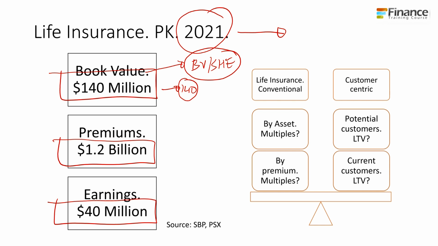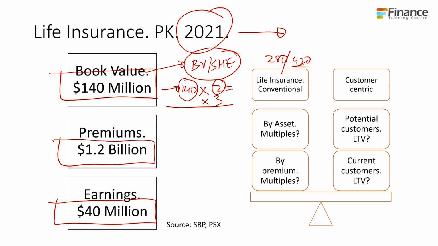If I give you a multiple of 2 or 3, how much do you think the industry is worth? You would simply multiply this 140 by 2 and 3. This would be 280 if you use 2, and maybe 420 if you use 3.